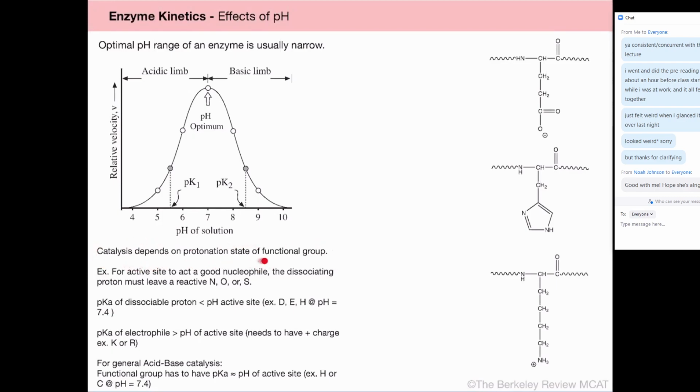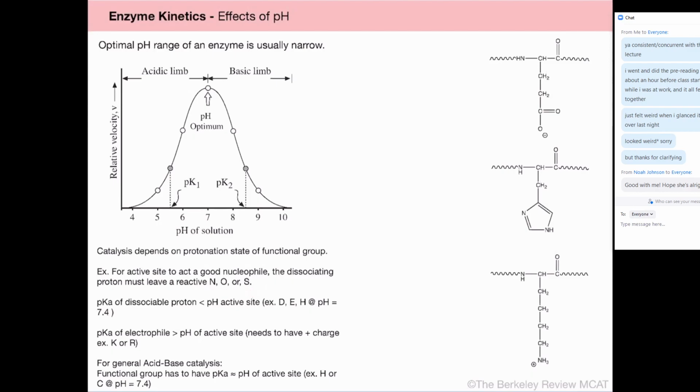When I say functional group, I mean the residues, the amino acid residues that are in the active site of the enzyme. For it to act as a good nucleophile, the dissociating proton, the proton that's leaving the residue, must leave a reactive chemical species, generally nitrogen, oxygen, or sulfur.